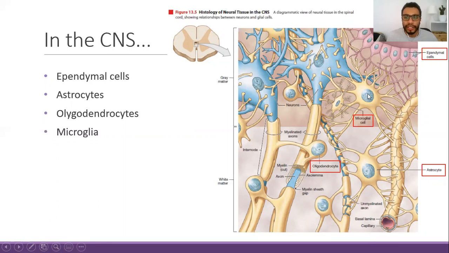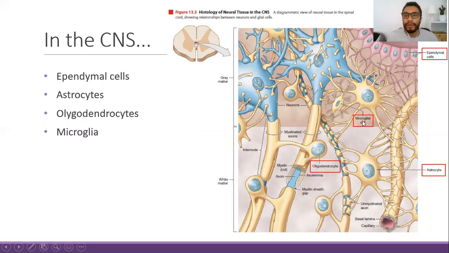So I want to call your attention to how those cells are organized in the central nervous system. We have ependymal cells, lining here the central canal. We have astrocytes here, making the connection between a blood vessel and a neuron.